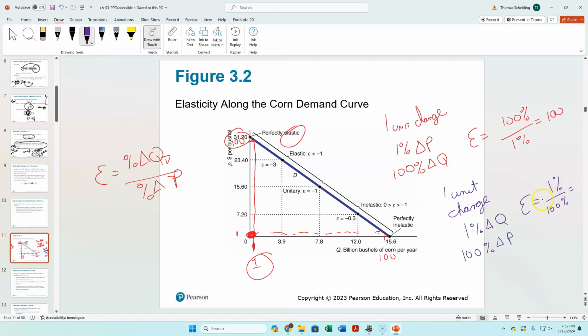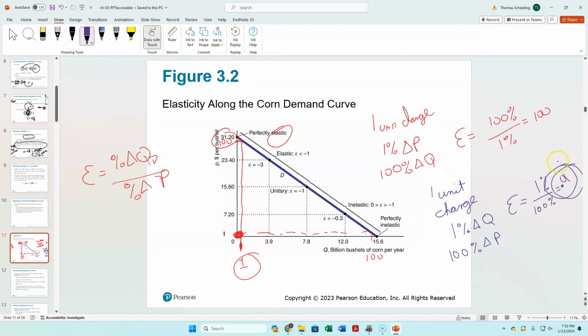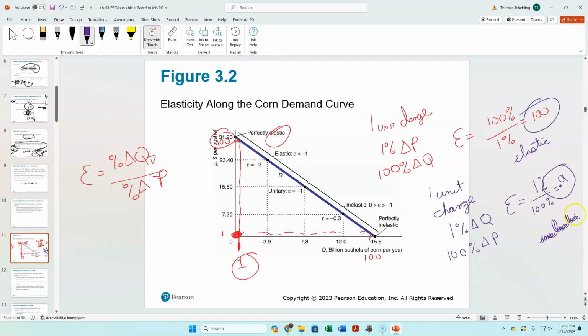Right, and now 1, but it'd have a 0.01, right, as opposed to 100% change. So that would result in something being, as opposed to being pretty elastic, pretty inelastic.